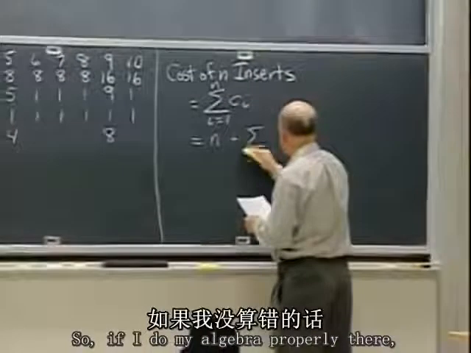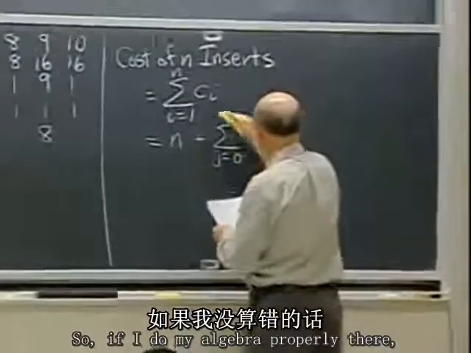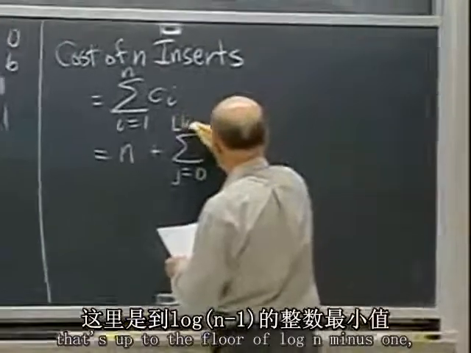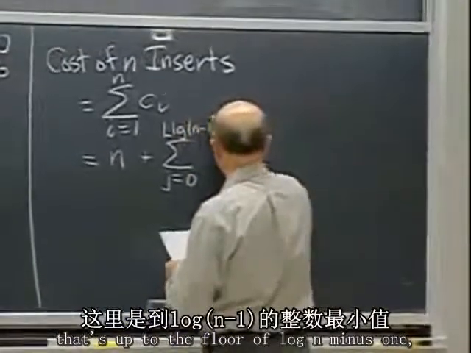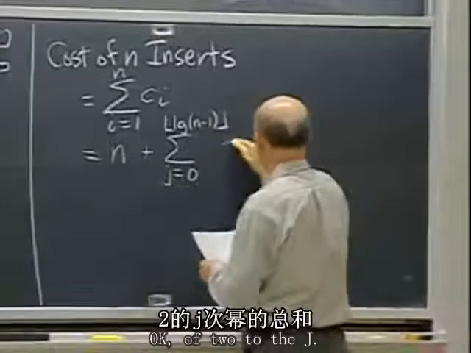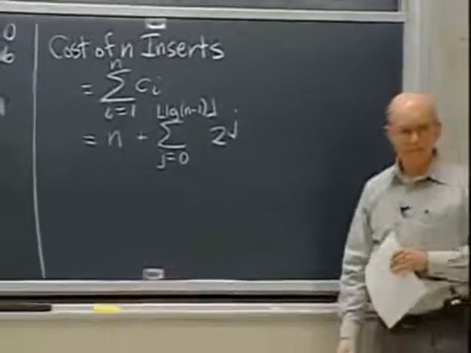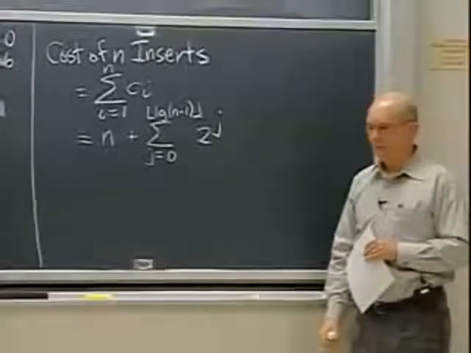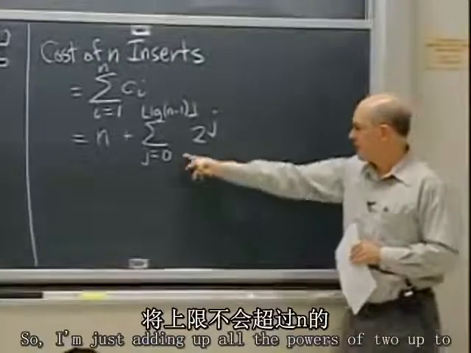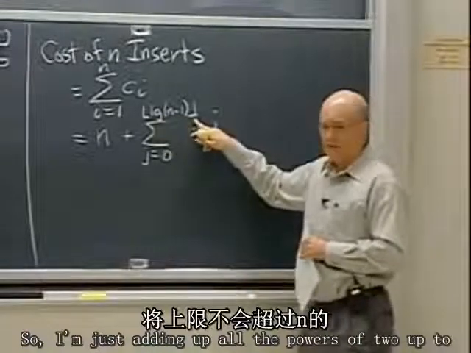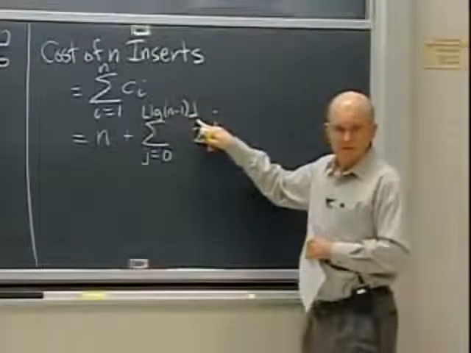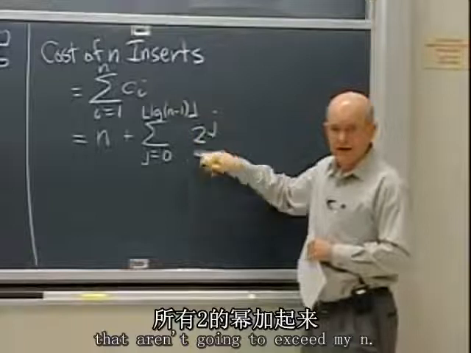So if I do my algebra properly, that's the sum up to the floor of log n minus 1 of 2 to the j. I'm just adding up all the powers of 2 that aren't going to exceed my n.